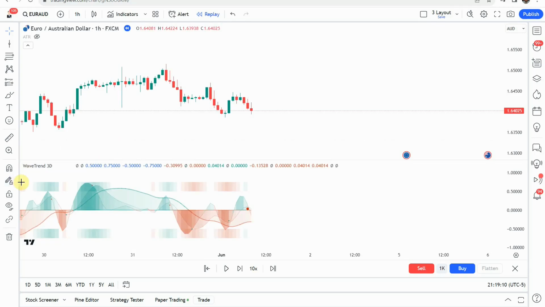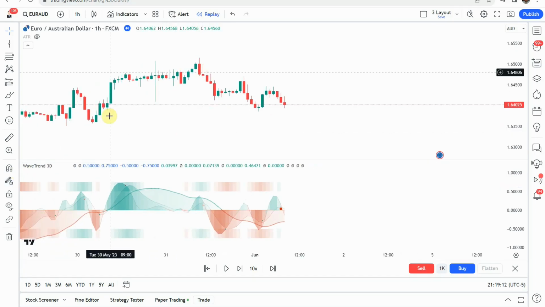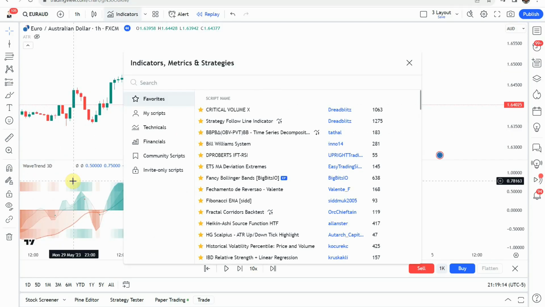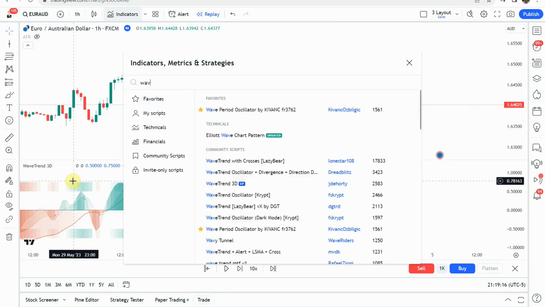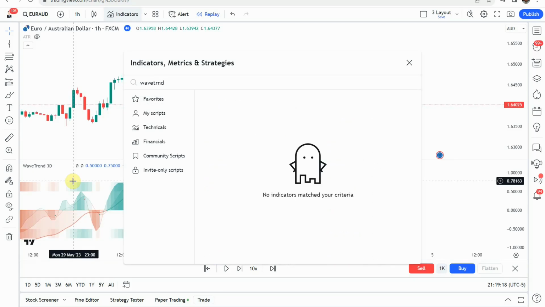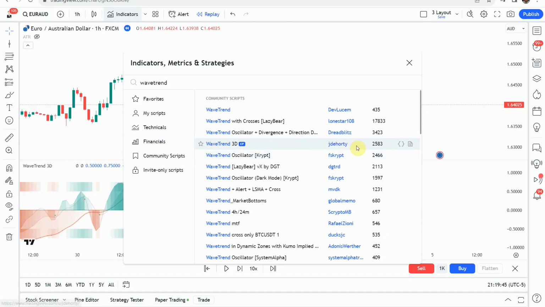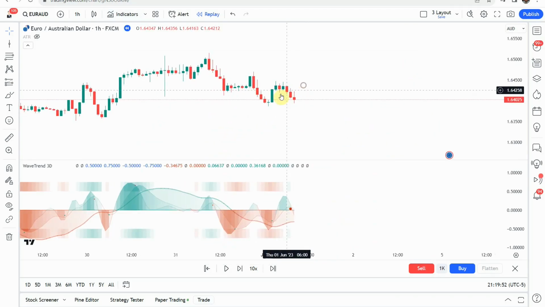And so this is the WaveTrend indicator. If you just go into the indicators here and type in WaveTrend, it's going to be this one right here, the WaveTrend3D. And so you'll add it to the screen and it will look something like this here.